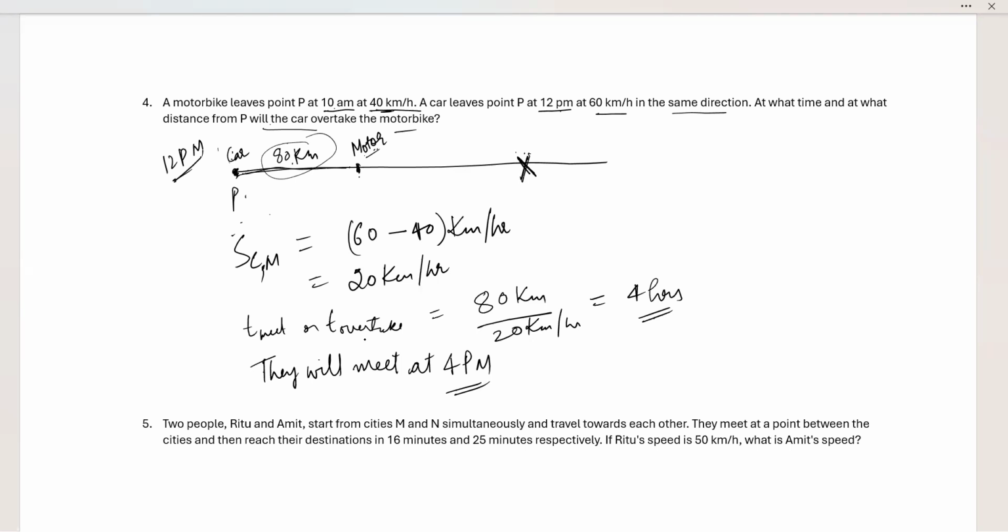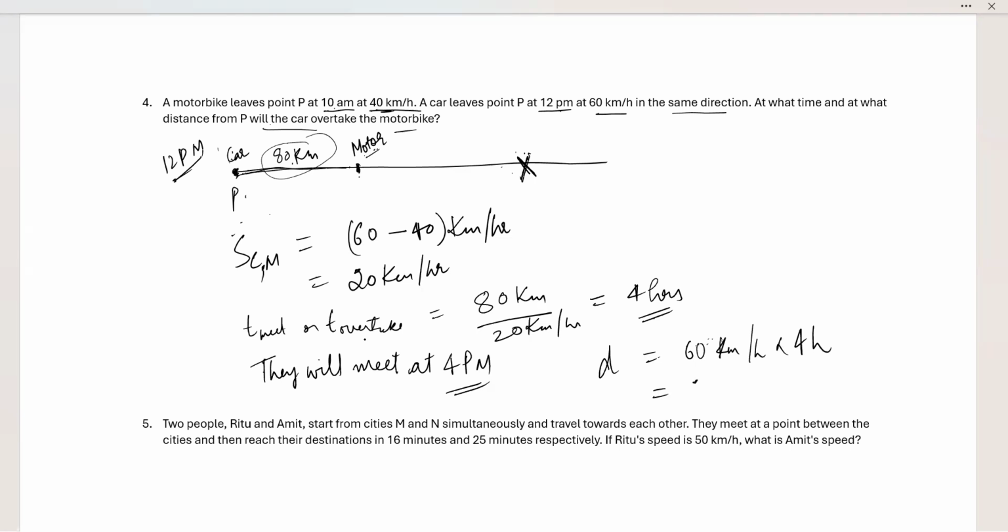इन 4 hours में जो डिस्टेंस ट्रेवल किया होगा कार ने, वही ये डिस्टेंस है जो कि वो ओवरटेक करते हुए कवर कर लेगी. So the distance would be the speed of car. What is the speed of car? 60 kilometer per hour into 4 hours.